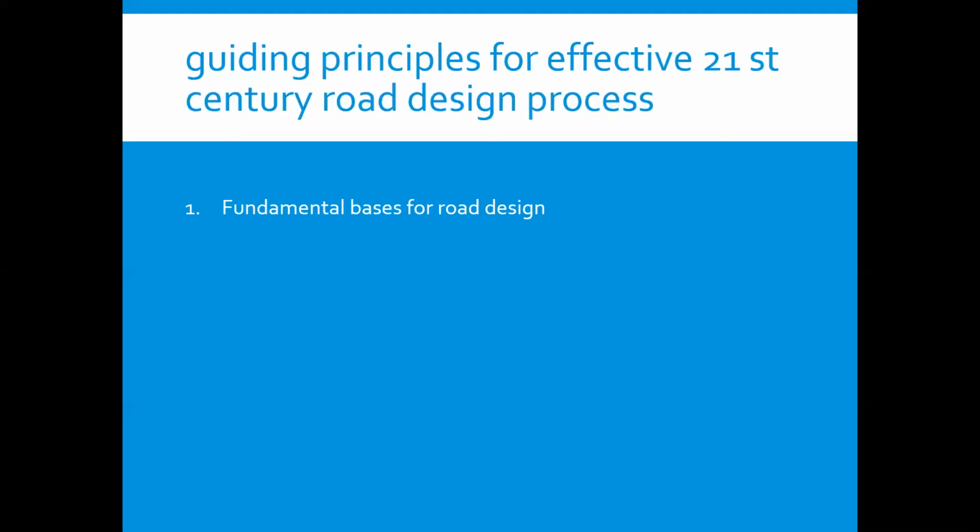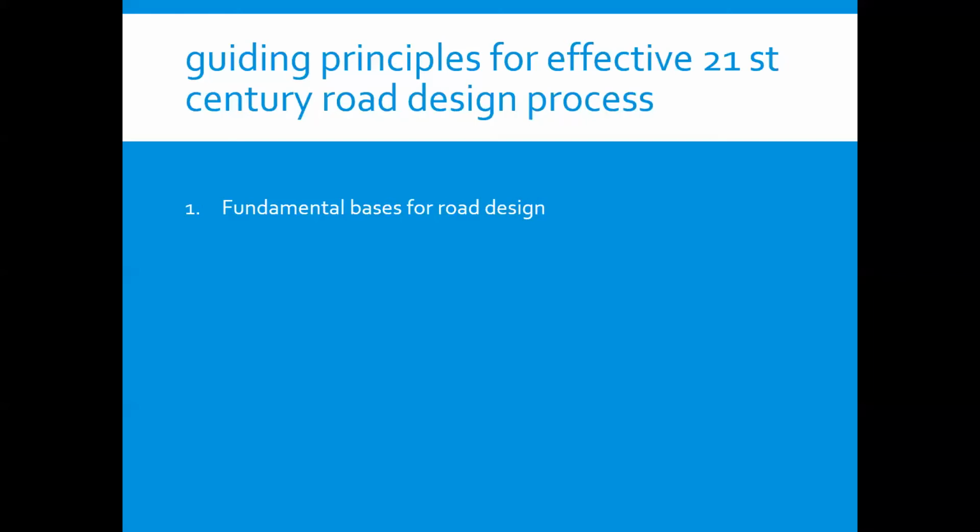These principles are quite often changed depending on the jurisdiction, but the fundamentals remain. The following slides present what should be the fundamental basis for the design of major urban roads.